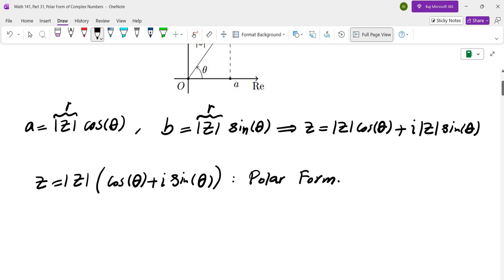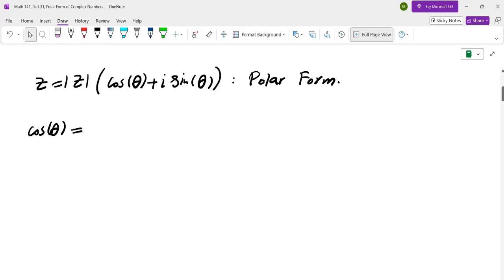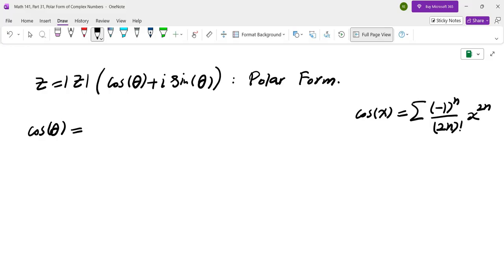Now there's a very interesting relation between cosine, sine, and the exponential. Let's write down what this gives us using the Taylor series for cosine and sine. The Taylor series for cosine is the sum of (-1)^n over (2n)! times x^(2n), n equals 0 to infinity.